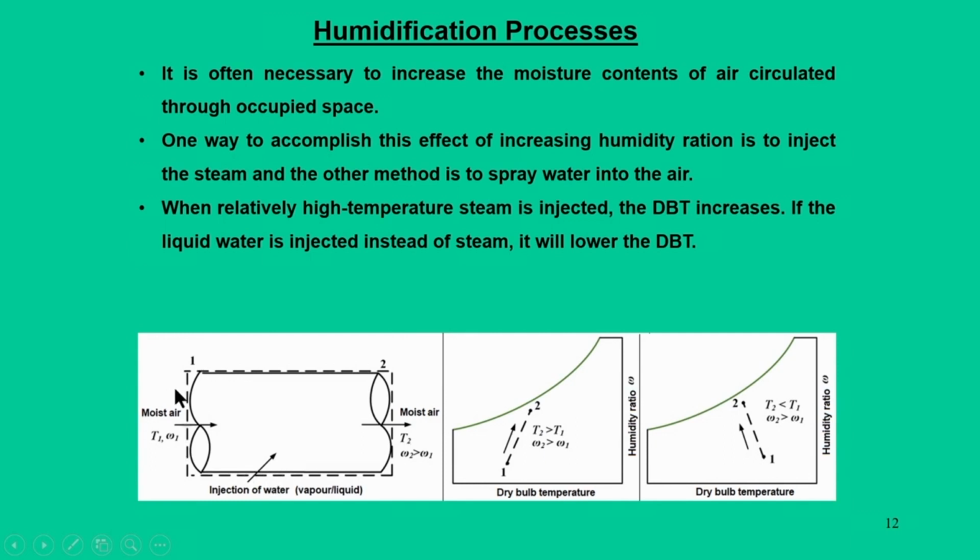Now, when we are in state 1, that is moist air at state 1, what happens when steam is added? When steam is added, obviously the humidity increases and of course, the temperature also increases. So, when a high temperature steam is injected, the dry bulb temperature increases.